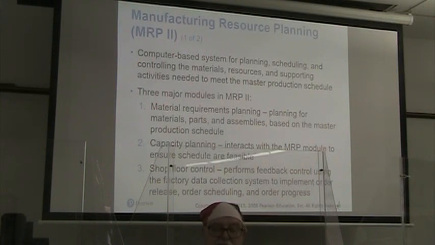So we have three main modules in MRP2. One is material requirements planning, which is planning for materials, parts, and assemblies based on the master production schedule. Two is capacity planning. That interacts with the MRP module so that we ensure our schedule is feasible.